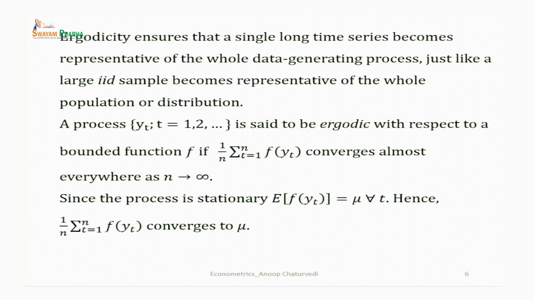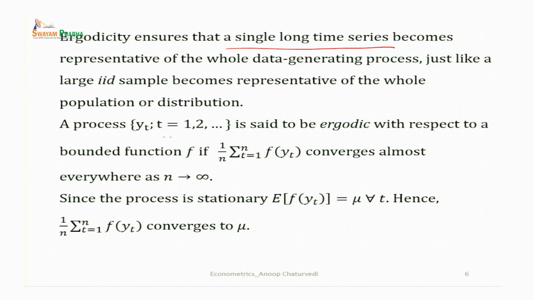Now, remember that when you have time series observations, then at each time point you have just a single observation, and then for different time points the process changes its nature. So, you want to ensure that a single long time series is representative of the whole data generating process. Say in a usual IID sample, your sample is representative of the entire population or distribution. Same thing you want here also.